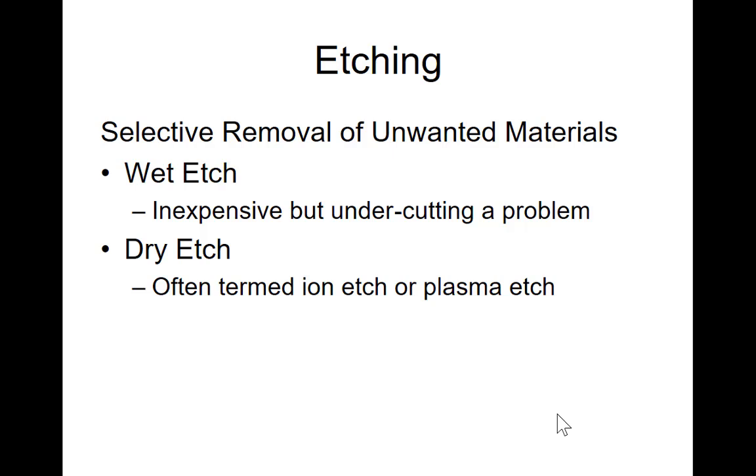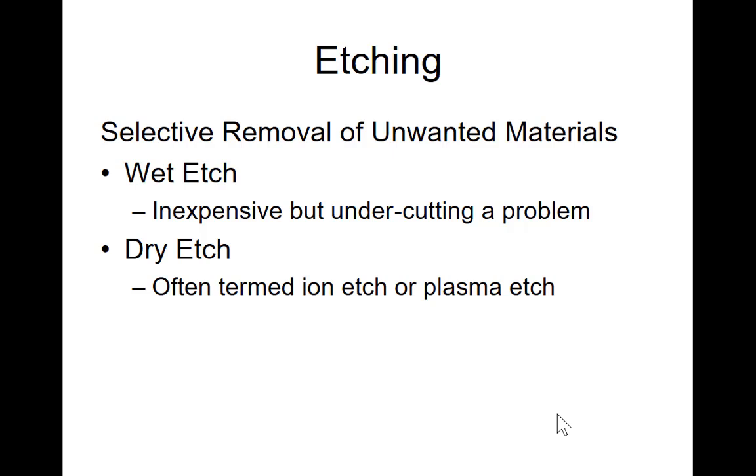Etching is one of the steps you use to take away materials from just the selected spots that you want. For example, if you want to dig a hole for a contact or via, it allows you to do it right there and nowhere else.